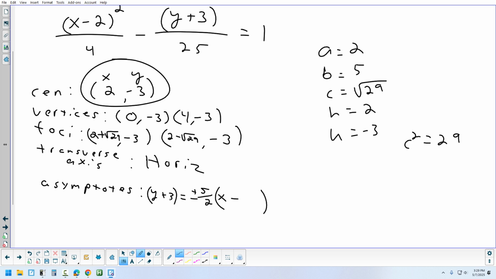Oh, the x values. 2. So that's the point that it goes through, 2, negative 3, and that's its slope, b over a. That one had everything you could possibly have in a hyperbola to discuss. Any questions on how to find any of those?